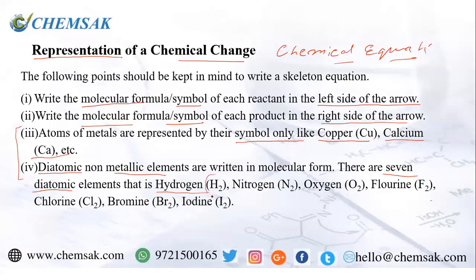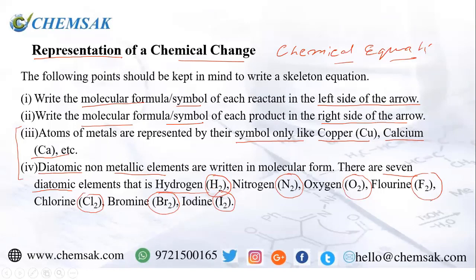So hydrogen when it comes in a reaction is always written as H2. Nitrogen is always written as N2 and oxygen as O2. These are the diatomic elements. And fluorine is F2. Chlorine is Cl2. Bromine is Br2. Iodine is I2. So right now you can remember these 7 elements as diatomic elements.